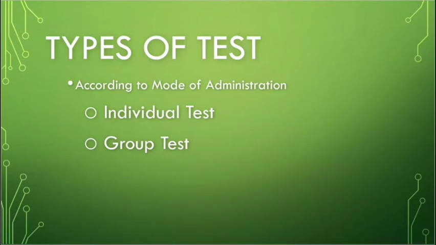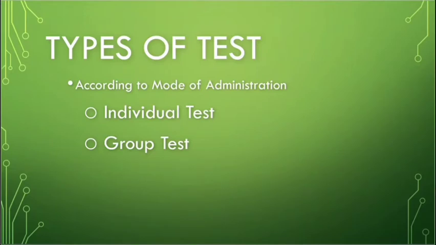So we know very well that we could conduct tests individually or in a group. The purpose of doing individual tests is to gather data about the individual learner's cognitive functioning and their ability to perform specific tasks. This is also used to pinpoint giftedness.